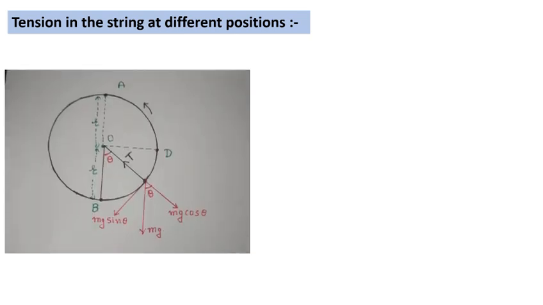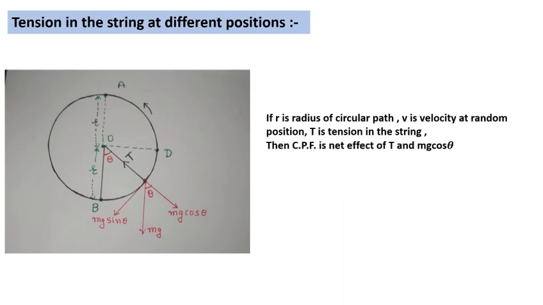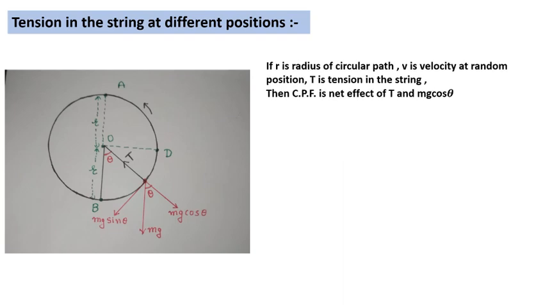Tension in the string at different positions. This is a diagram for any random position. If r is the radius of the circular path, v is the velocity at the random position, and T is the tension in the string. Look at the diagram: weight mg acts vertically downward, tension along the radius towards the center.